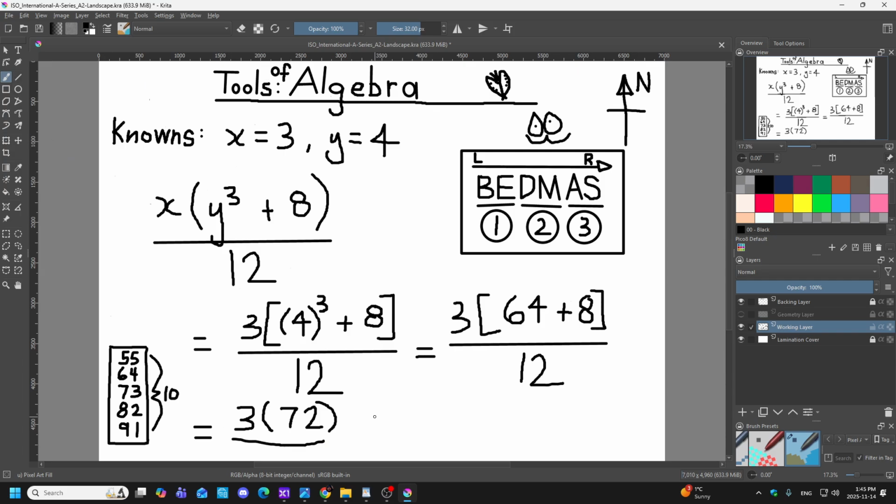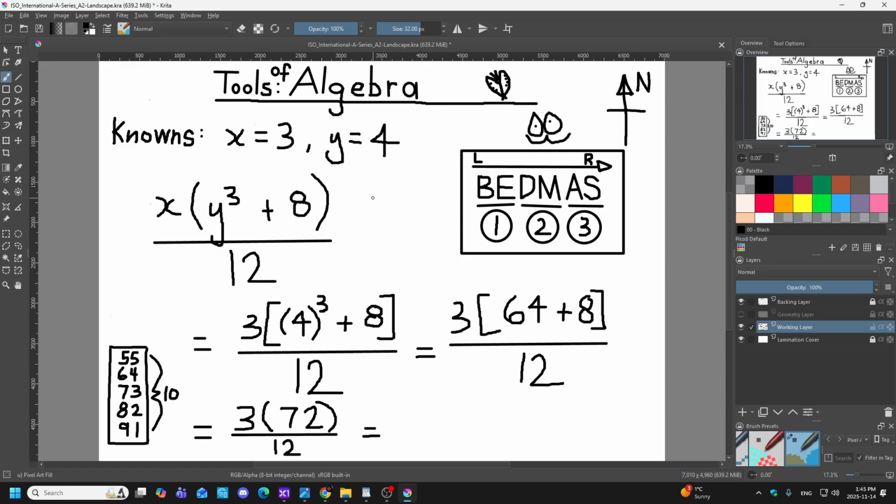Don't forget your denominator. Apologies, I'm squeezing this all in. Now we have 72 times 3. To simplify things, it's wise to reduce right now. I wish I could do the long division.